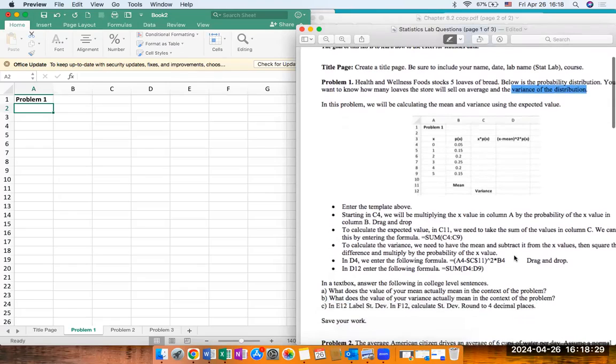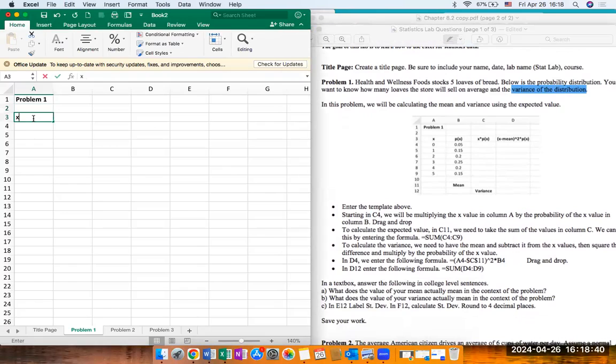your standard deviation. In this problem, we have the template that's laid out here, so we're just going to follow along with this template. We have your X values in A3: 0, 1, 2, 3. If we wanted, we can just drag and drop, not a huge deal.